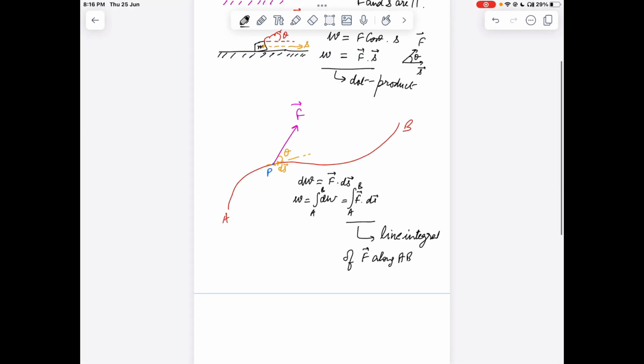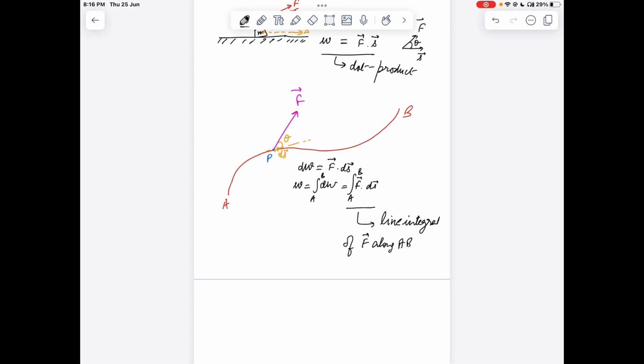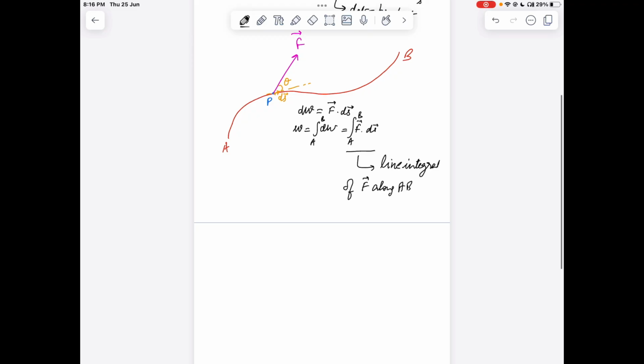Okay guys, so this line integral is not so easy to compute. So generally what we do is resolve the force F in the x and y directions. So let's consider those directions. So we have x and y, and we say F is equal to Fx i cap plus Fy j cap.